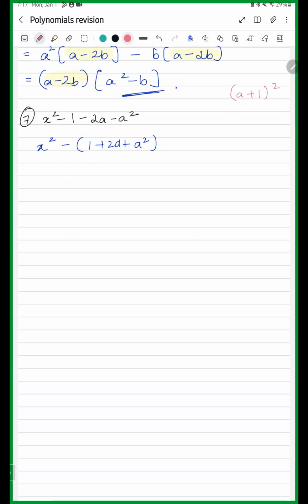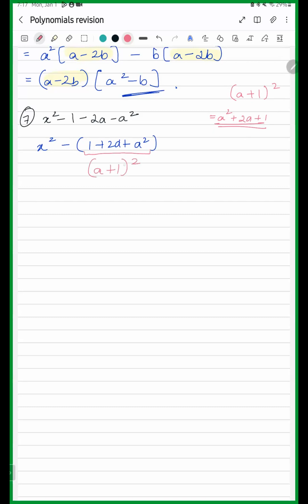This will become a square plus 2ab, which is 2 into a into 1, which is 2a, plus 1 square. And 1 square is 1 itself. So this becomes a square plus 2a plus 1. So that means this bracket is a plus 1 whole square.